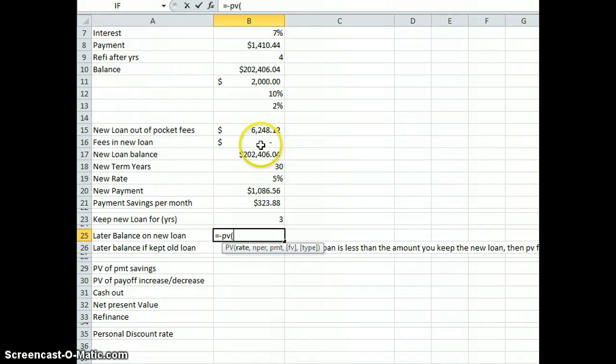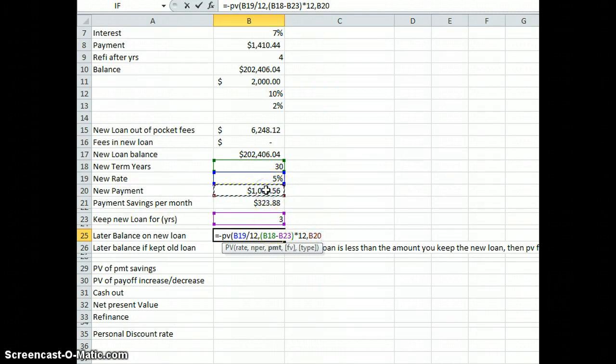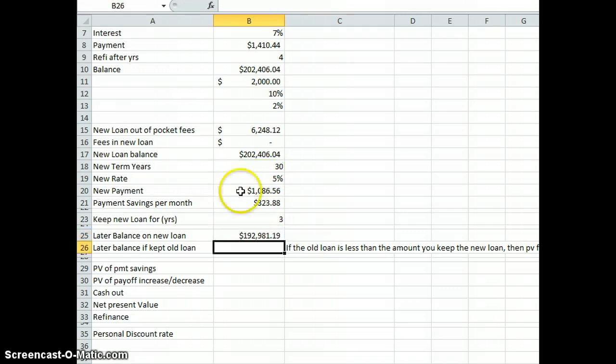Our rate is going to be the 5% divided by 12, and our number of periods is going to be our 30 minus our 3 years, multiplied by 12. And then I'm going to take that by our new payment. And we get a loan balance of 192.